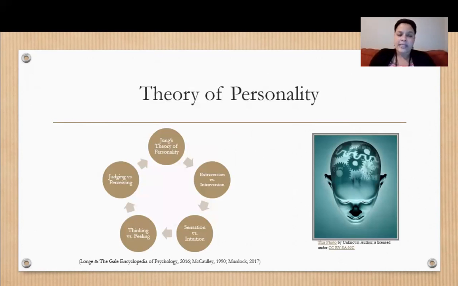Theory of personality. The MBTI is based on Carl Jung's theory of personality. Jung's theory of personality proposes that individuals can be grouped into 4 personality types that can best explain them: how individuals interact with others, gather information, make decisions, and organize their lives.